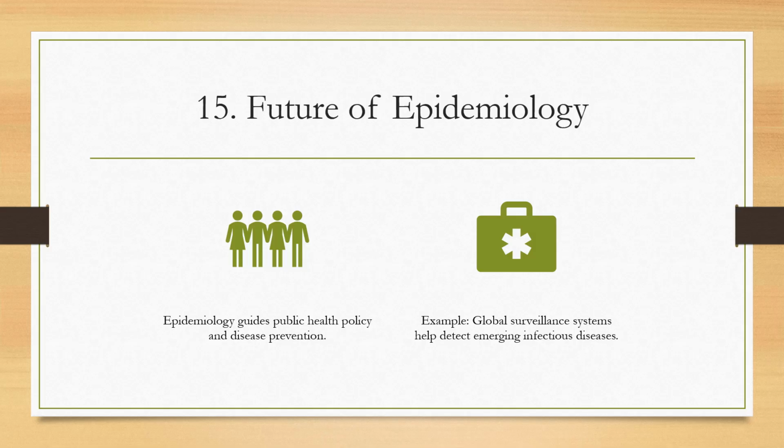Technologies such as artificial intelligence may improve outbreak prediction and support better health decisions. So the key message here is that epidemiology uses scientific evidence to improve lives, guide policy decisions, and protect communities worldwide.